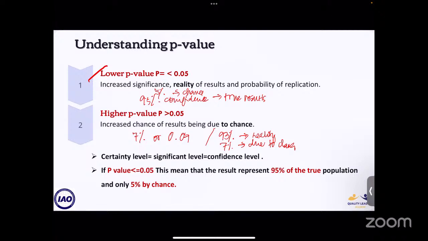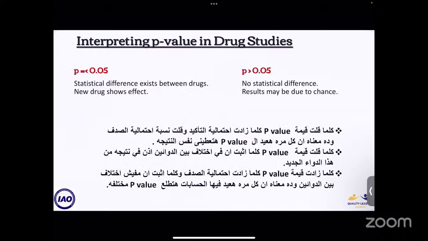And as the p-value increases, the probability that the results are due to chance also increases, reducing the confidence in the results. So for the terminologies, the p-value is also referred to as significance level and confidence level. So don't be confused. P-value is also called significance or confidence level. Any questions so far? No.